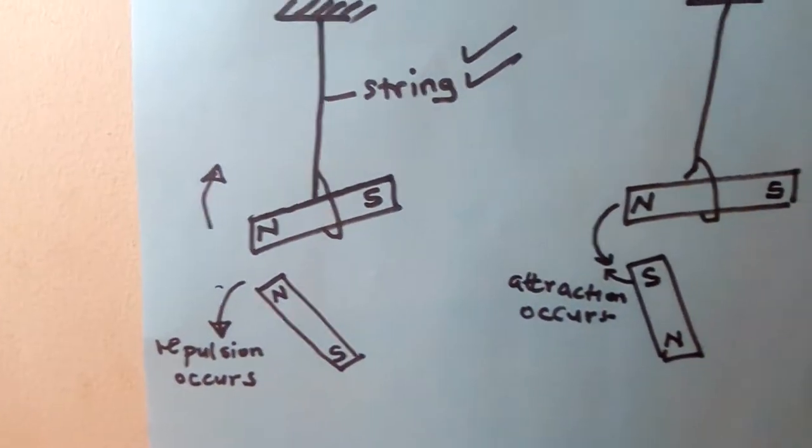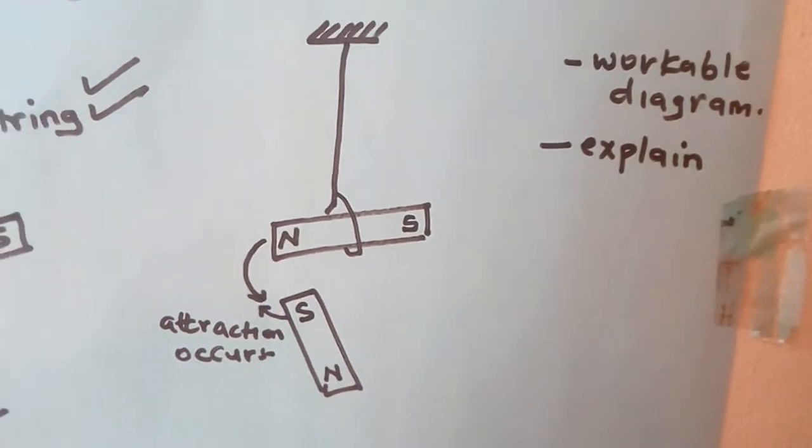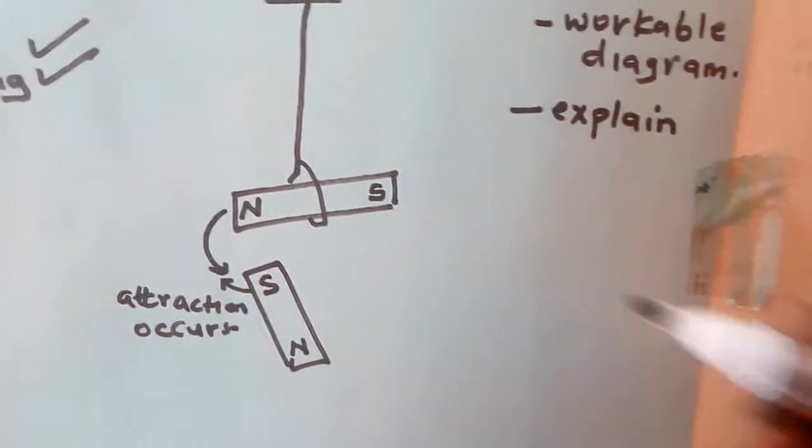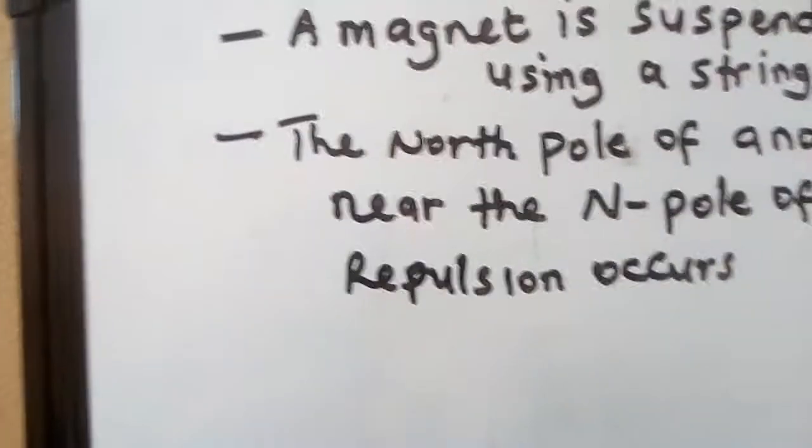Then now you move on to the second diagram, where you have the south pole being brought near the north pole. So you put in words.